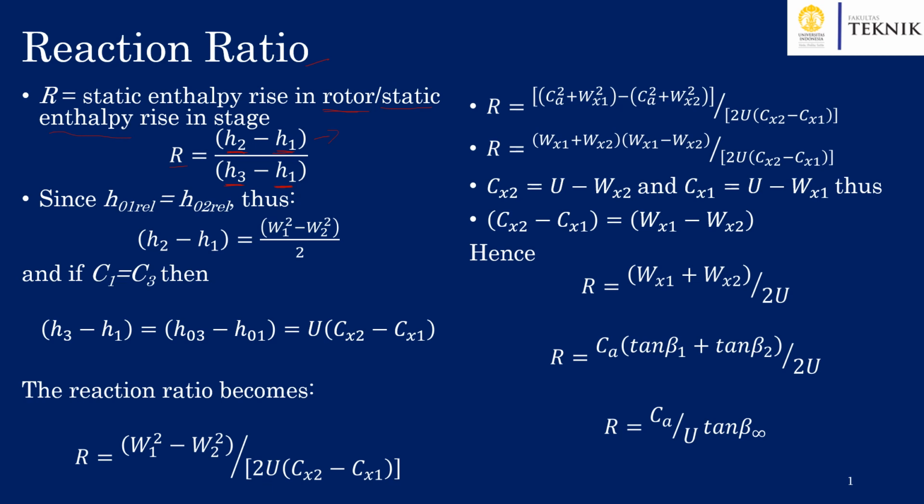And now let's see it through the relative total enthalpy, and this is the enthalpy according to the relative velocity, or W. We know that the relative enthalpy, or this total enthalpy due to the relative velocity, is equal between the inlet and the outlet of any rotors of axial compressors.